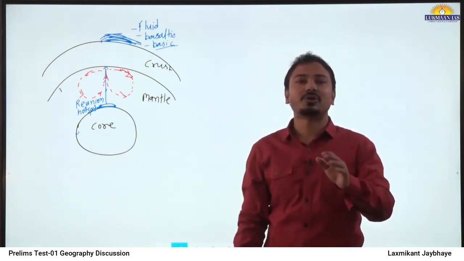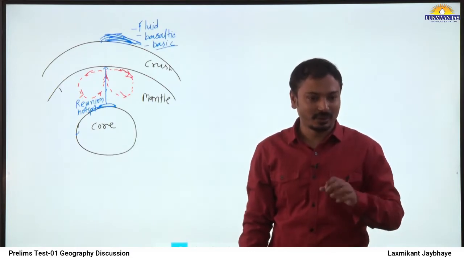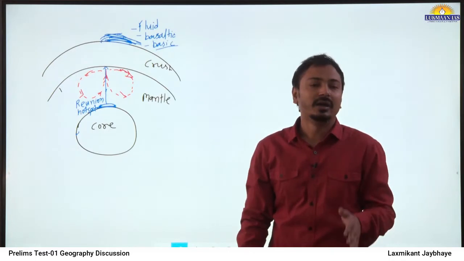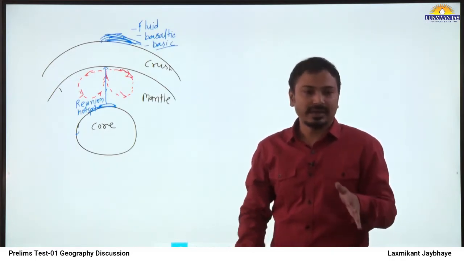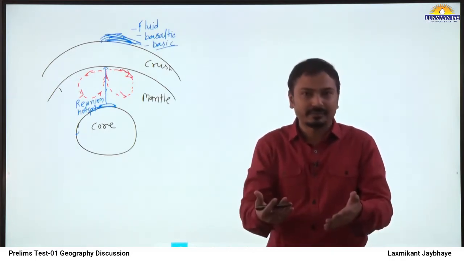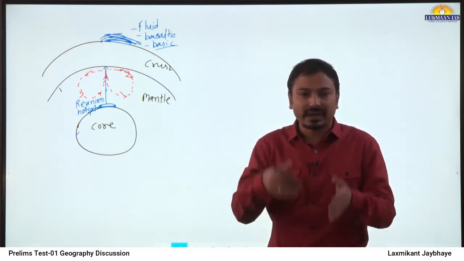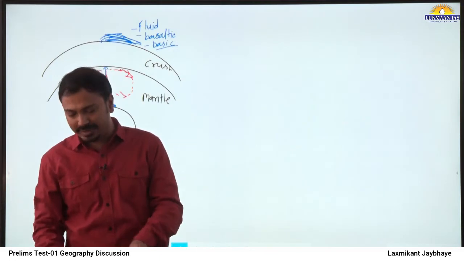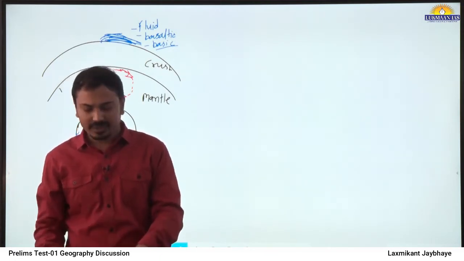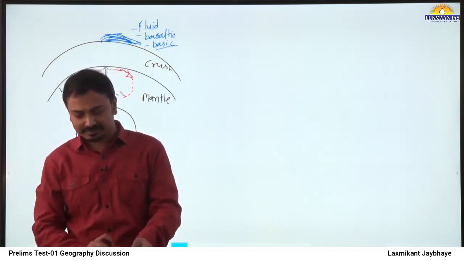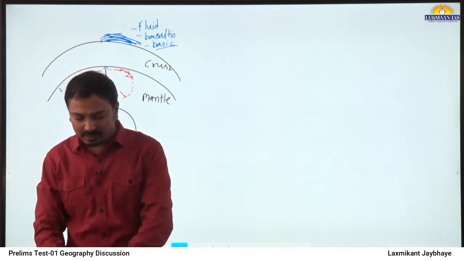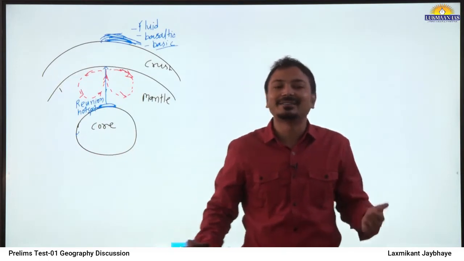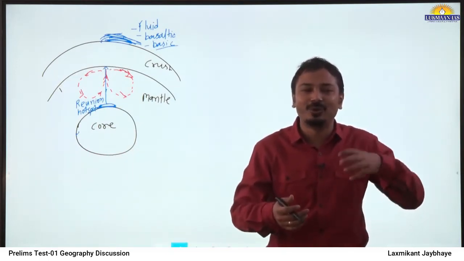There are many such hotspots around the globe. Iceland is there. The Hawaiian hotspot is very famous, and that is located at the center of the Pacific plate. You can see the map that we have provided in the explanation, where various hotspots are mentioned. The Hawaiian hotspot is famous because new volcanic islands are formed and move onwards.